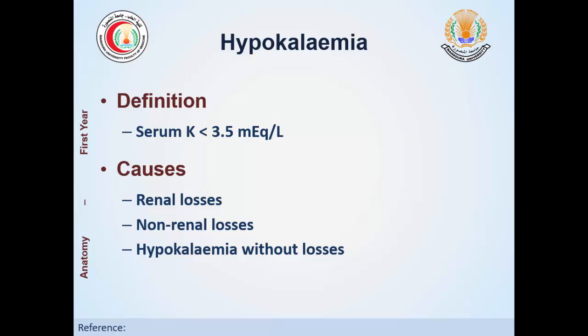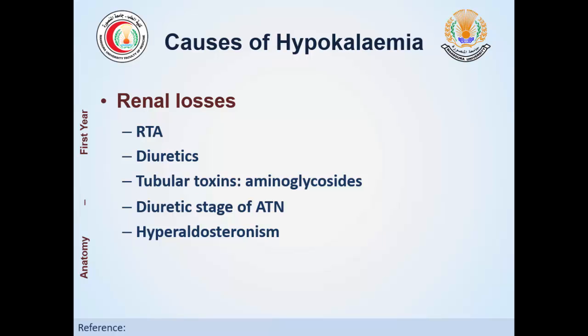هنيجي بقى للهايبوكاليميا. Definition of hypokalemia is serum potassium less than 3.5 milli equivalent per liter, and the causes are either renal losses, non-renal losses, hypokalemia without losses. Renal losses in case of renal tubular acidosis, diuretics, tubular toxins, aminoglycoside for example, diuretic stage of acute tubular necrosis, and hyperaldosteronism.